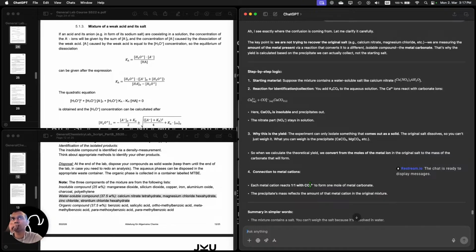Each metal cation is 1:1 with carbonate, so that's good, it's 1:1 to form 1 mole of metal carbonate. The precipitate mass reflects the amount of metal cation in the original mixture.